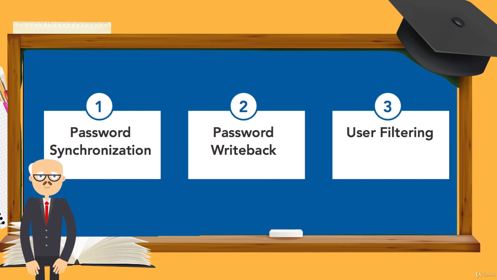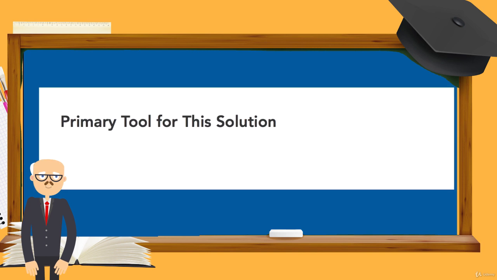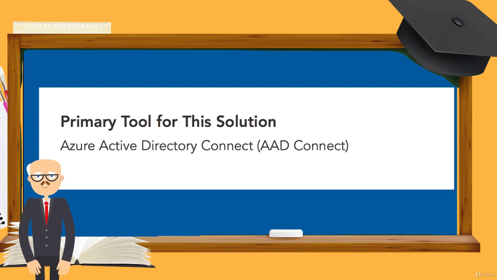Another functionality that we have in directory synchronization is user filtering. This is very useful when you want to define exactly which users you trust to be synchronized to the cloud. You might not want your entire organization to be synchronized to the cloud.